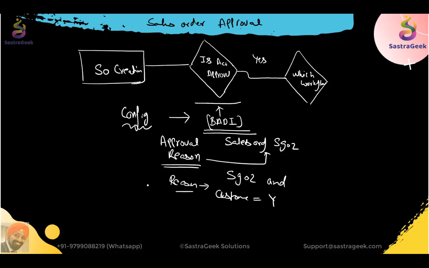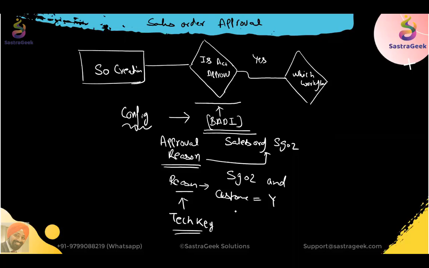The reason is nothing which would be selected by the user when he is approving it. It's just a technical key. So don't get it confused with the reasons which we generally mention in an approval, that is, what the reason for approval is. It is just a technical key which is required to get your sales order approved, to identify which sales order would be approved.